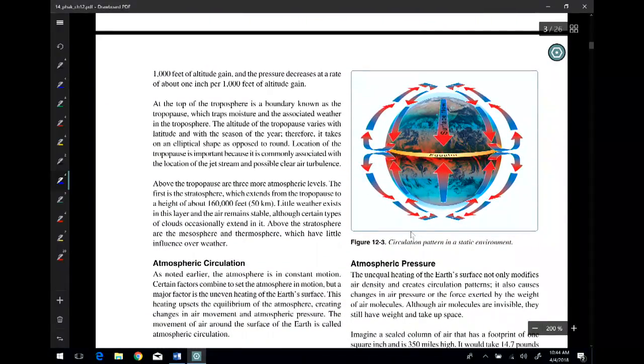Those are the things that we are primarily concerned about here on our planet. Now, another thing that we talk about is circulation patterns in a static environment, meaning that it's not moving. So we know up here at the poles, what kind of air do we have? Well, we have cold air, right? What kind of air do we have down here around the equator? Well, we have warmer air, right? So what do we know about that cold air based on what we just talked about?